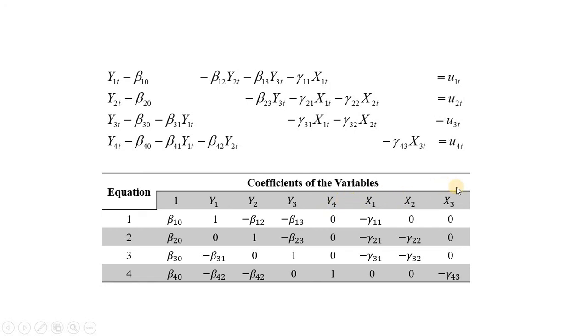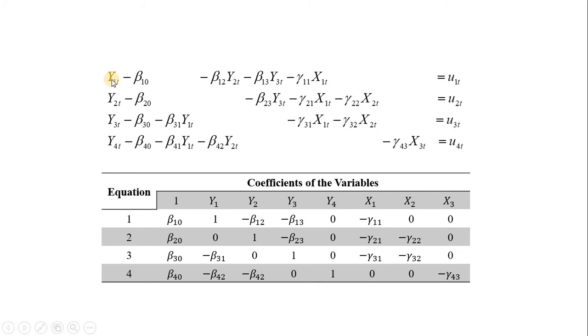If you look at the system as a whole, you can find 7 variables and one intercept. Look at this table, at the first equation. The intercept is beta 10.